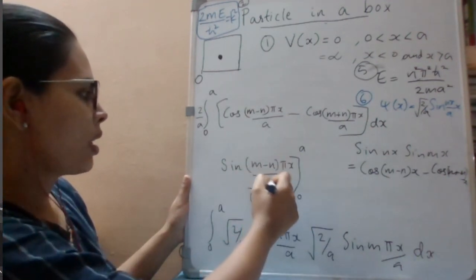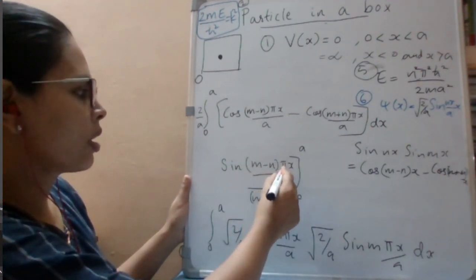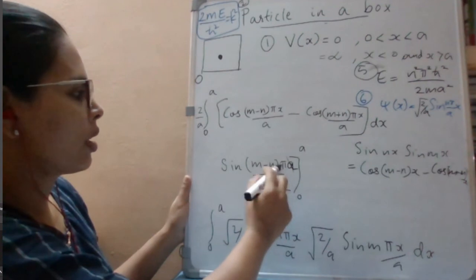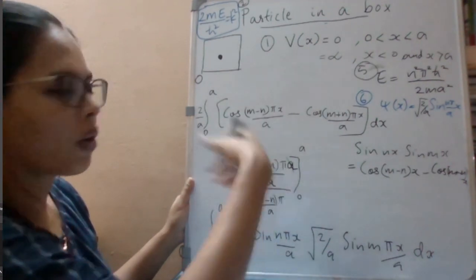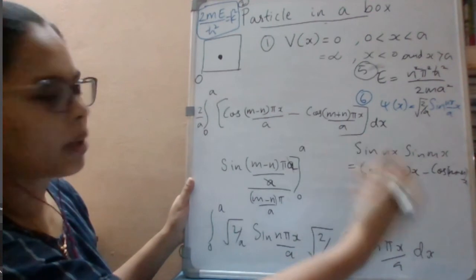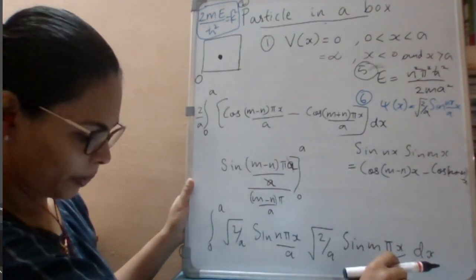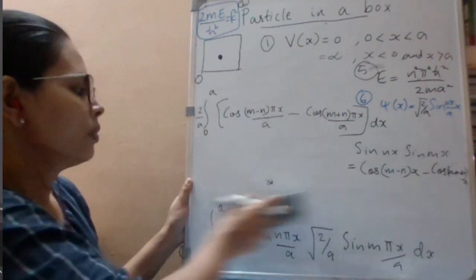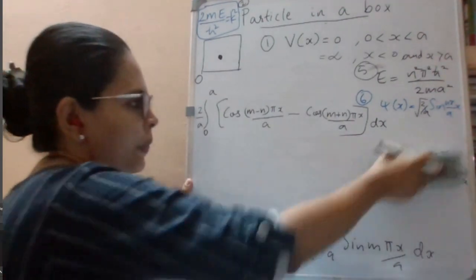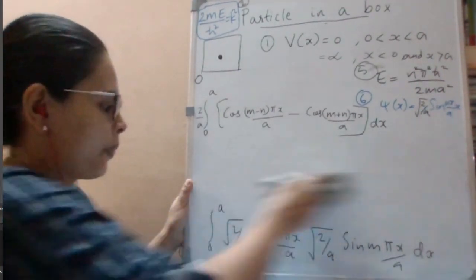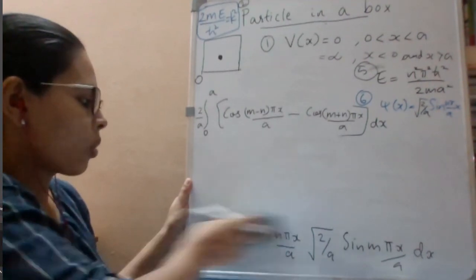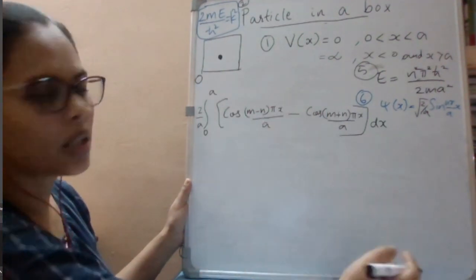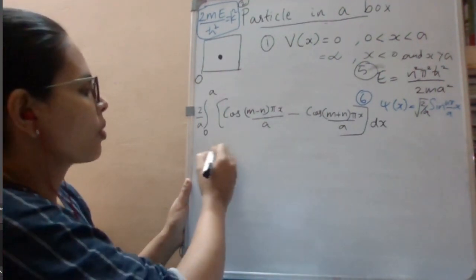If you apply the limit, this gives a sine of a multiple of π, and a multiple of π turns out to be 0. That means this integral is going to be 0. So now we have proved that the wave function is orthogonal. If you take two distinct wave functions that indicate different states, this is going to be 0.